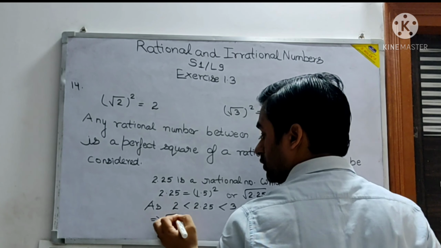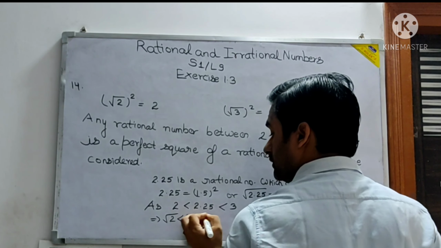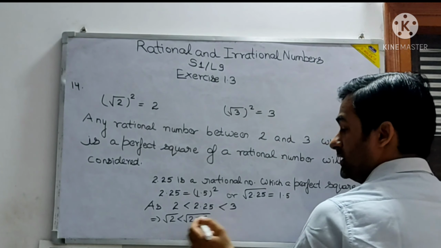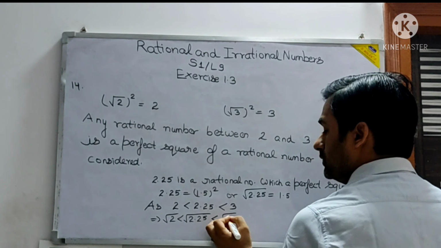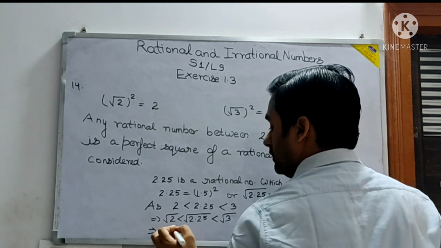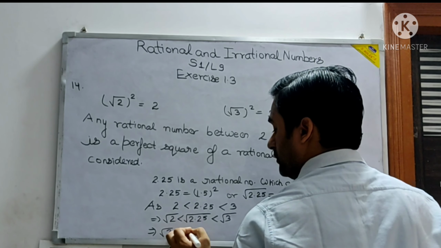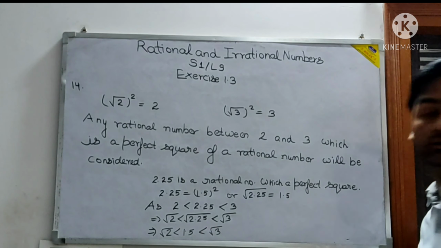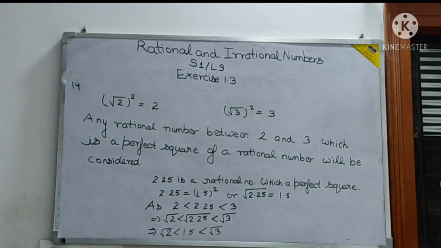This implies that under root of 2.25 will be more than root 2 but less than root 3. This implies that root 2 is less than 1.5, and 1.5 is less than root 3. So 1.5 will be the required rational number. Yes or no?